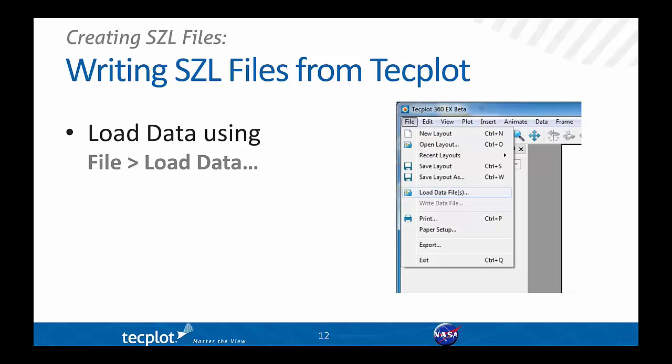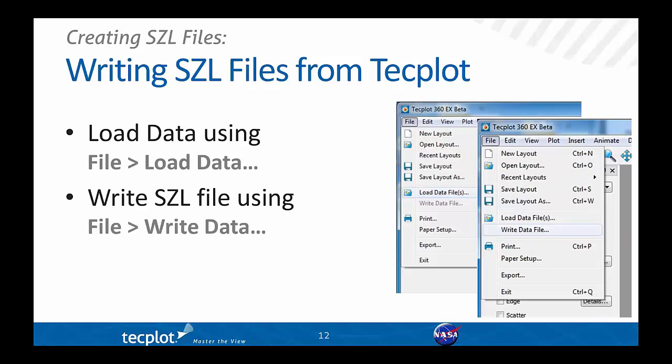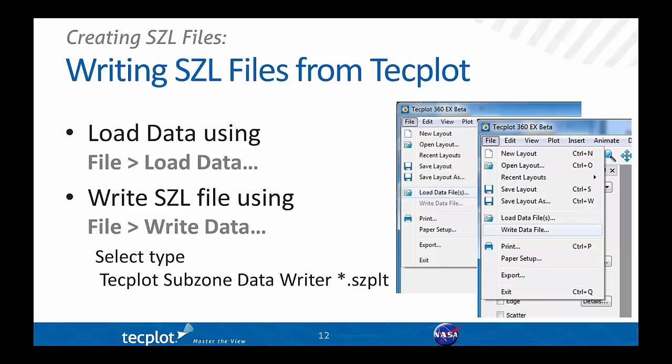But if you have another general polyhedral, it doesn't currently work. So you load the data file and then you write it out. You just say write data file from the file menu of Tecplot, and you select the Tecplot subzone data writer, which will create this .szplt file. That's a binary SZL file.